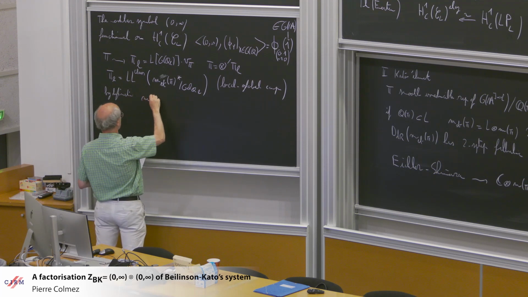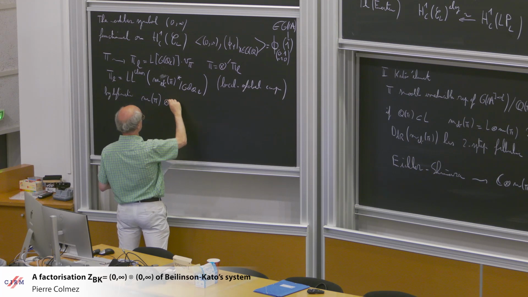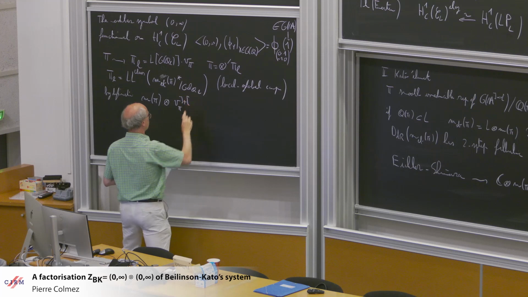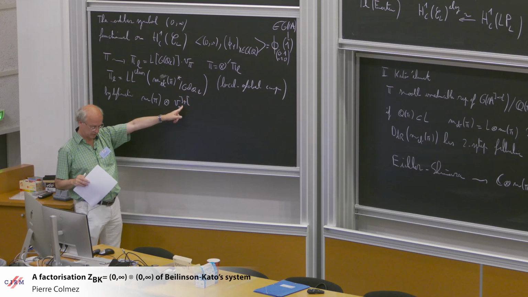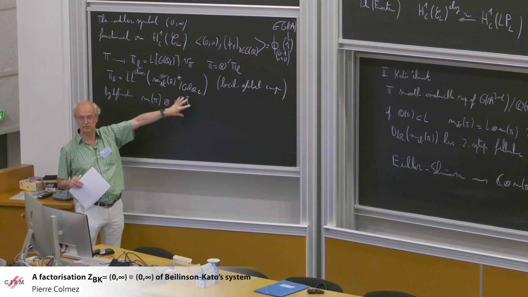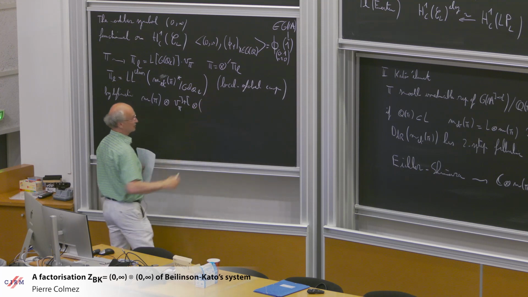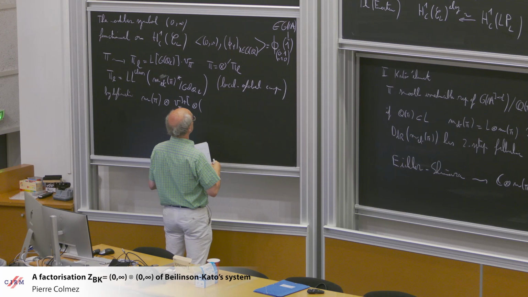So you have an embedding of M(π) tensor V_p^{outside p}. So that's the tensor product of the new vectors at all places outside p, okay? And then tensor what comes from the place at p.